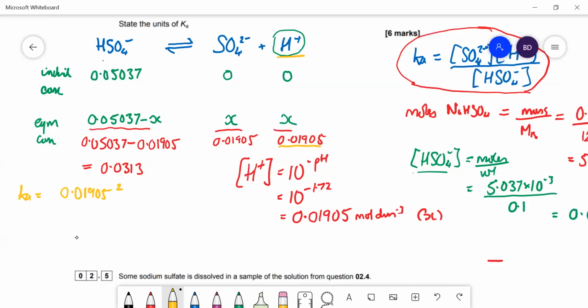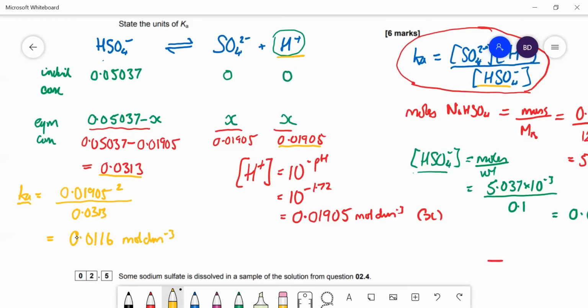So that's squared, divided by the concentration of the hydrogen sulfate ion, which is 0.0313. Putting numbers in the calculator, we get a value of 0.0116 to three significant figures, mole per decimeter cubed. That's the Ka.